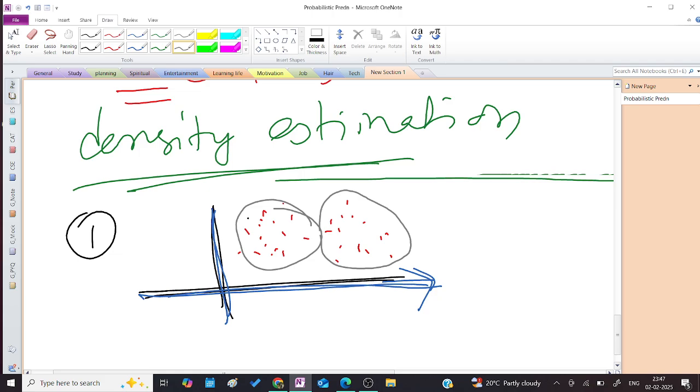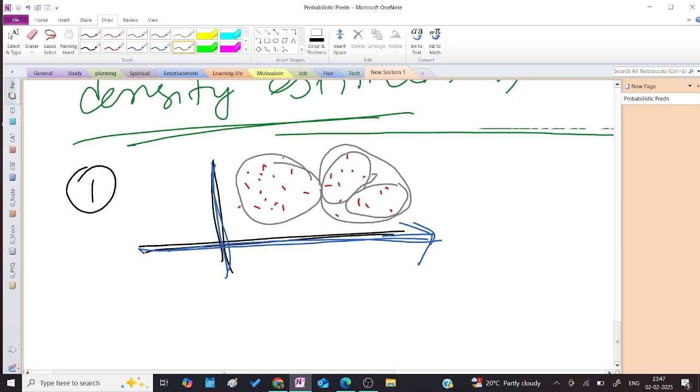And within this cluster there may be, this can be a cluster and this can be a cluster. So it all depends upon the number of clusters which we are choosing, which we are putting as a variable, and letting the model discover which points are similar and which points are not similar.